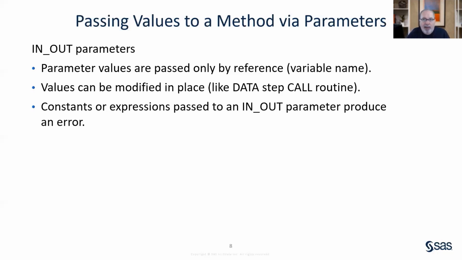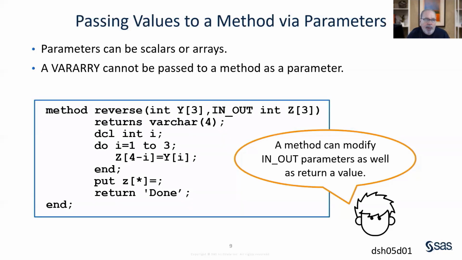So this works a lot like a traditional data step call routine. When you pass in parameters, they can either be scalar parameters or arrays. But because parameters are all treated internal to the method as if they were locally declared variables, you cannot pass in a var array. A var array is a global-only type construct.